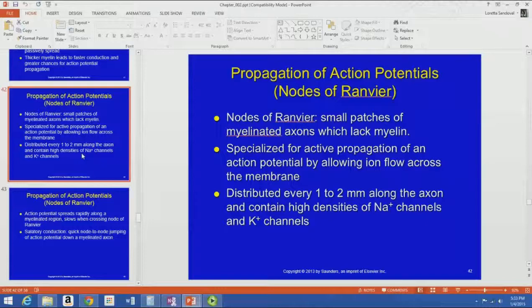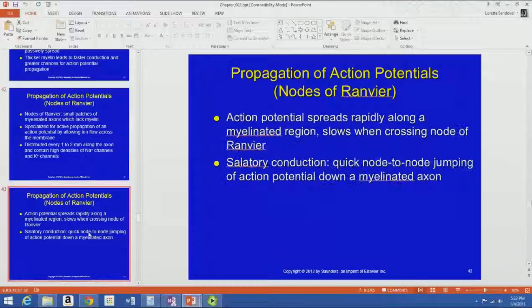They contain really high densities of sodium and potassium channels, and so that electrical charge right away opens those gates and it propagates the action potential down the cell. So the action potential spreads rapidly along a myelinated region, and it slows down a little bit when it's crossing that node of Ranvier. And the saltatory conduction is the quick node-to-node jumping of the action potential down a myelinated axon.